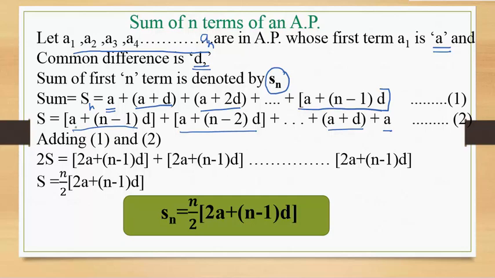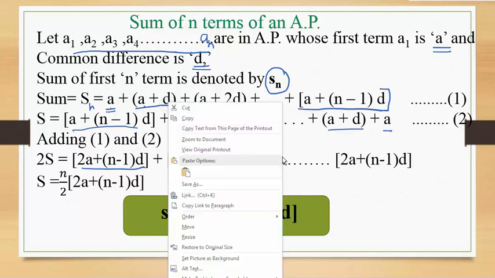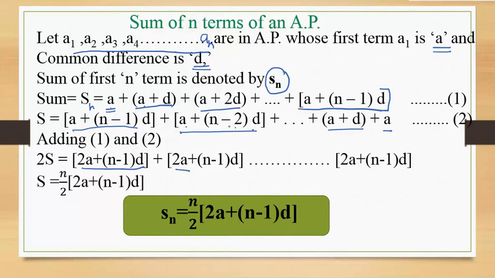Now see, if we add a plus n minus 1 into d, that is the nth term, with a, this will become 2a plus n minus 1 into d. Now if we add the second term in this, it will become a plus a, 2a, and n minus 2d plus d, which becomes n minus 1 d, so we can write n minus 1 into d.